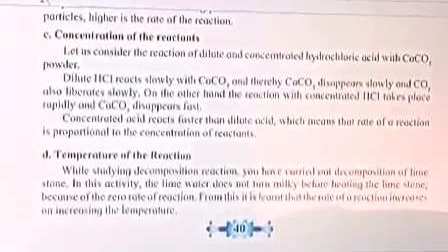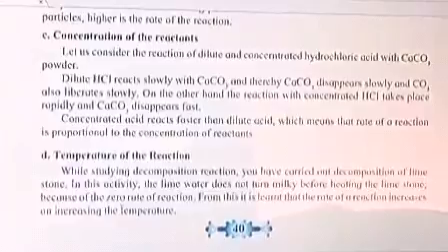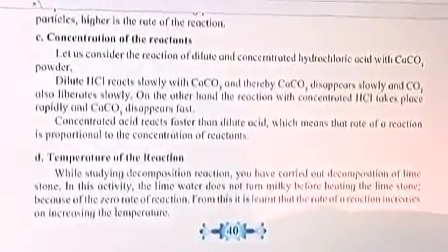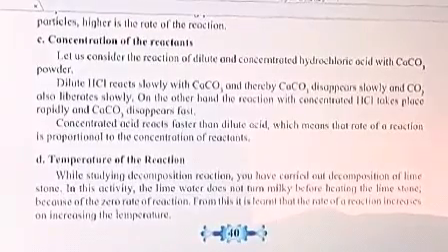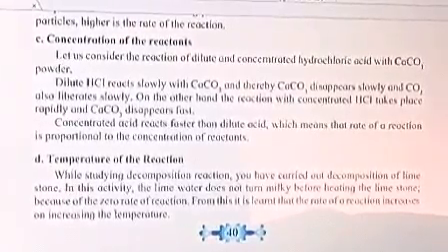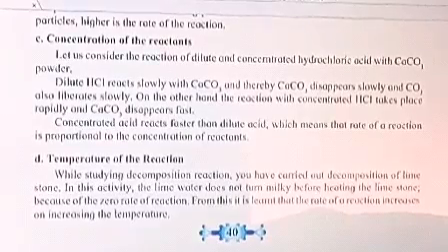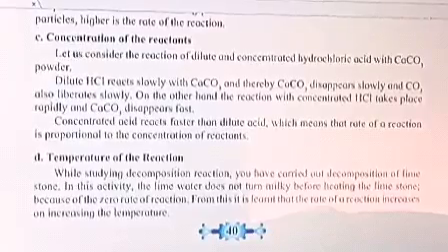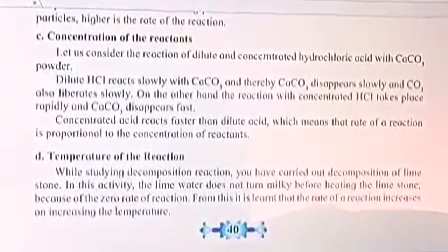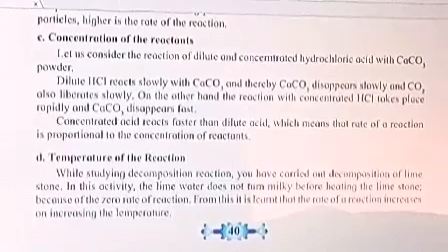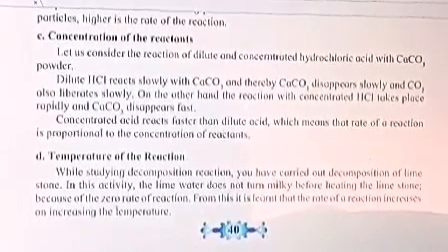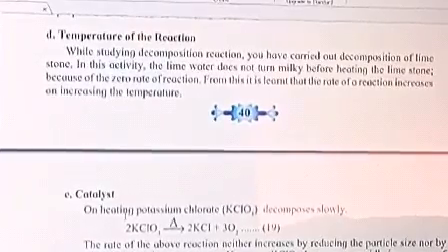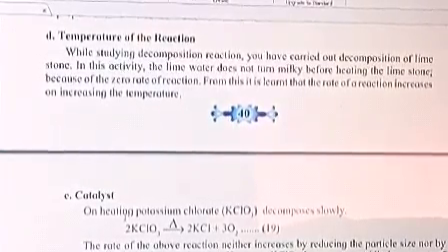If we compare these two burning processes, we will find that a candle burns much brighter in pure oxygen, because in pure oxygen the concentration of oxygen is almost 5 times more than the concentration of oxygen in the air. The next factor affecting the rate of chemical reaction is temperature.